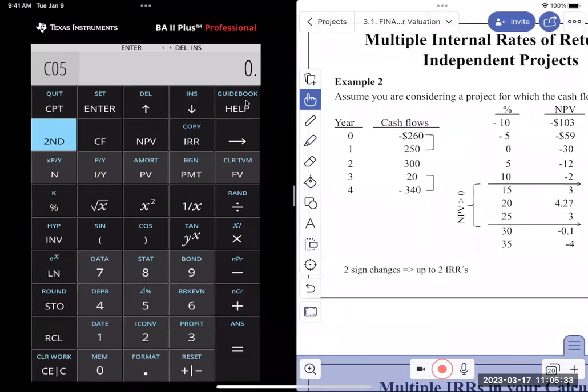So the first one is negative. Then you get a positive, and a 1, and then a positive 300, and then 1, and then positive 20, and 1, and negative 340.